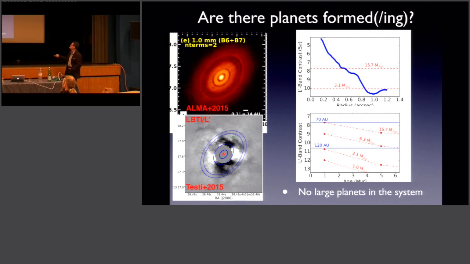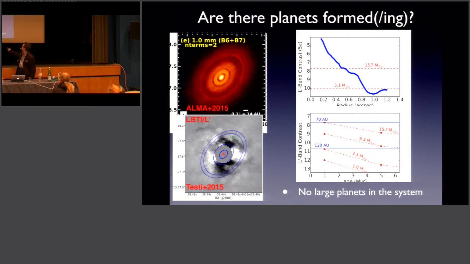And if you try to do this, this is what you see. You see a lot of emission that is the disk, scattered light in the disk, but you don't see any point sources. Unfortunately, the sensitivity is still not good enough to make sure that there are no large planets, because the upper limits that we can pose are of the order of 10 to 15 Jupiter masses, which would be a very large planet. And so I think that we still cannot rule out that there is a planet doing this.